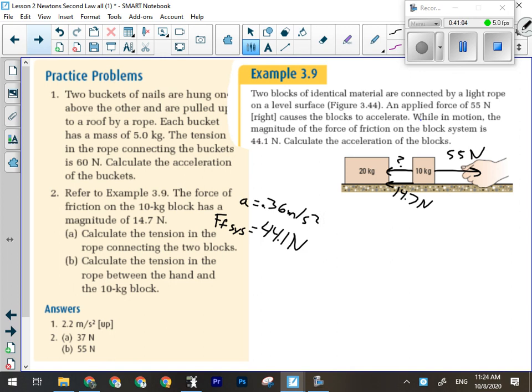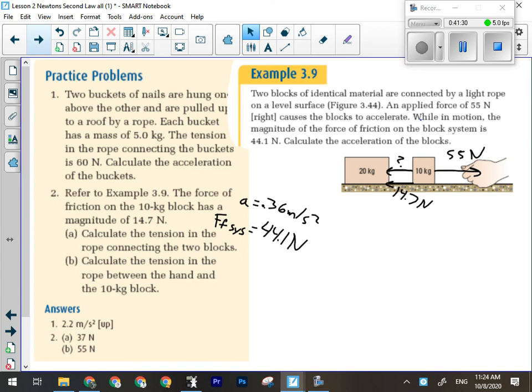Okay, so all that information is still in play, but now we want to know what the tension in the rope between the two blocks is. Okay? My suggestion is to use the first block to calculate that, but you could use the second block as well. It can be done either way. There isn't a better choice. Either one is equally good.